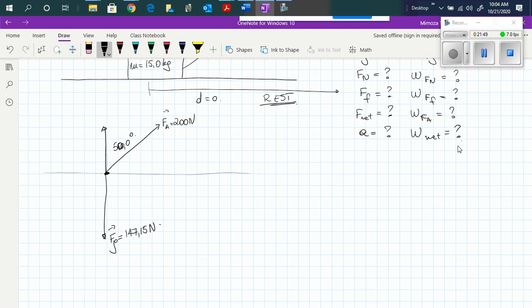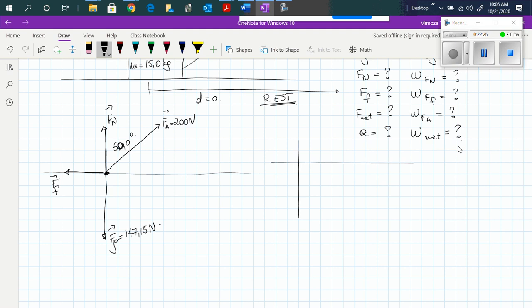Then we have a force normal that is like this, less than what we see in force of gravity, and we have a force of friction. How do we know that we have a force of friction? Even though we are applying a force, still the object is at rest. We will just find the force of friction, not the coefficient.